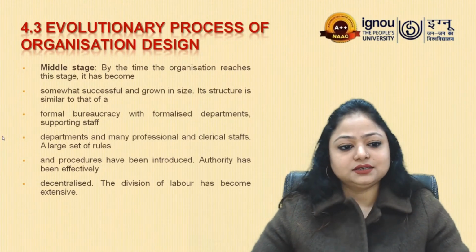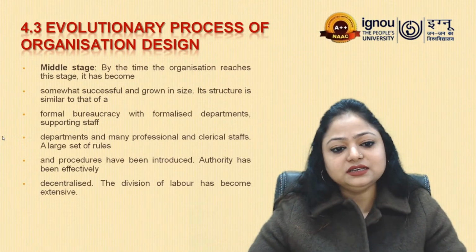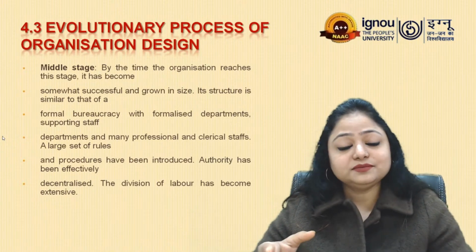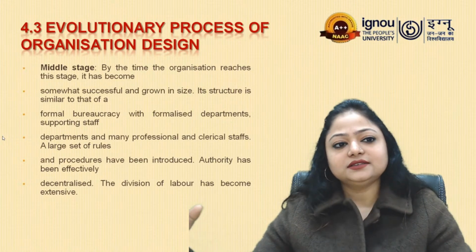The authority system has become very effective. The centralized decision making system has been decentralized and division of labor has become extensive. So the organization has reached the middle stage.